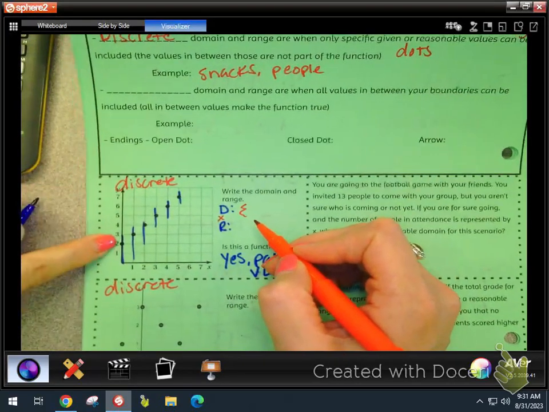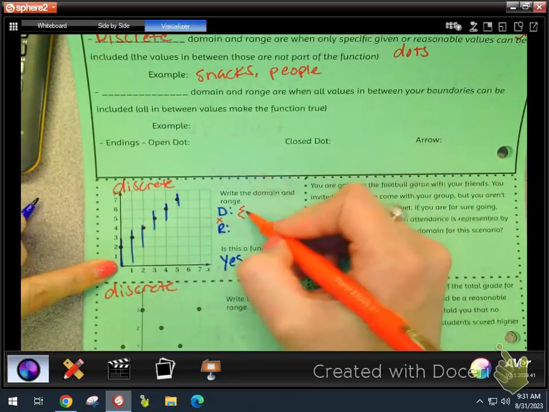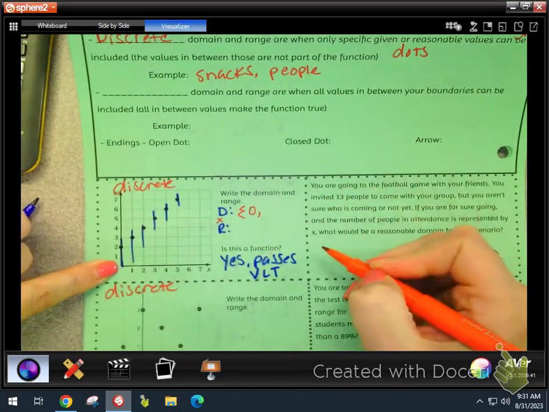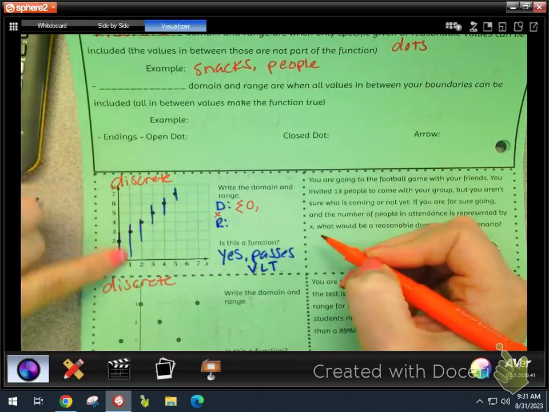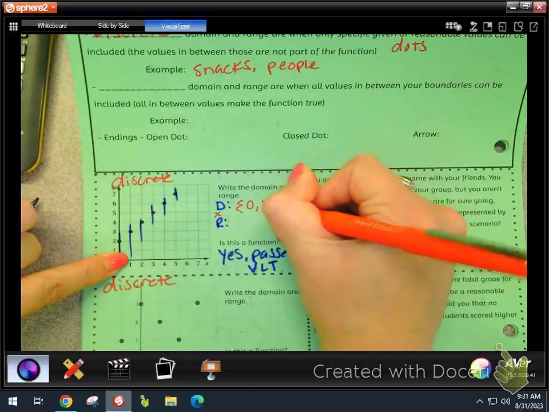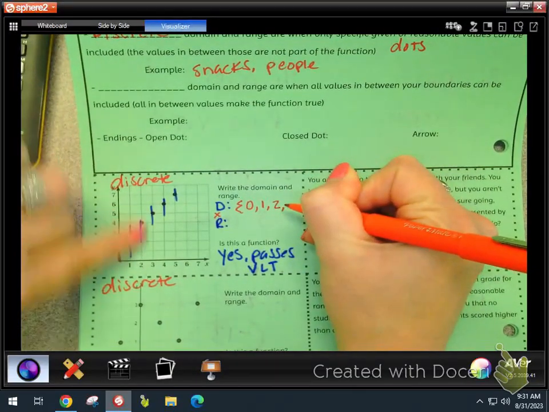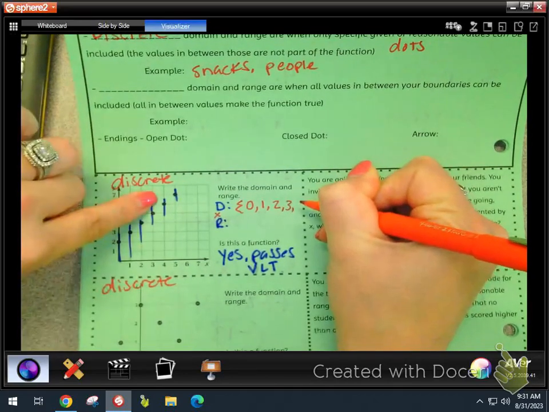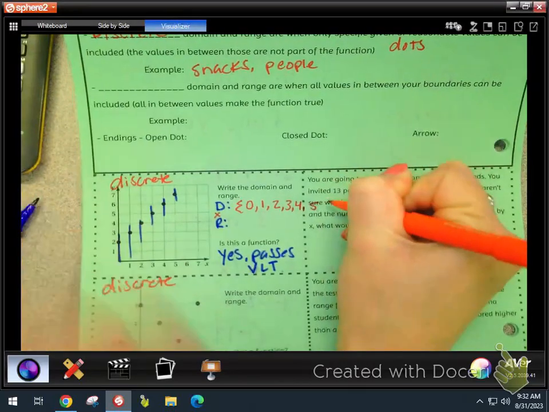What is the first X value that my graph took on? 0. So I start with that. I already have my vertical lines on here, so this is helpful. What was the next X value that my graph took on? 1. Next, 2, 3, 4, and 5. Do I have any other values in there?